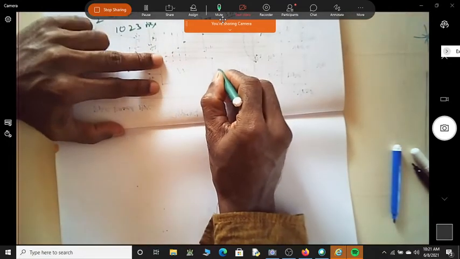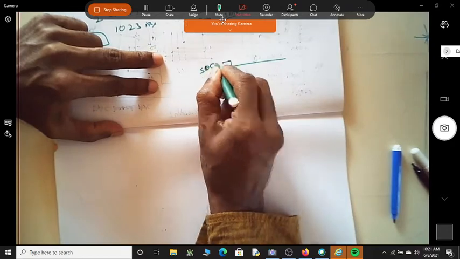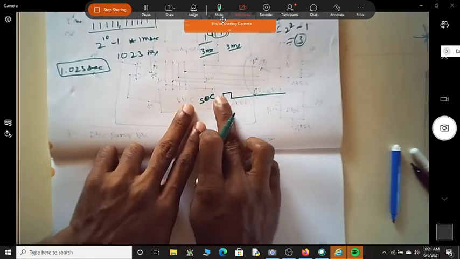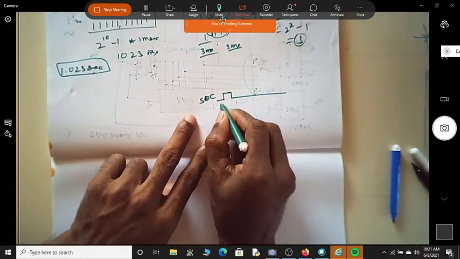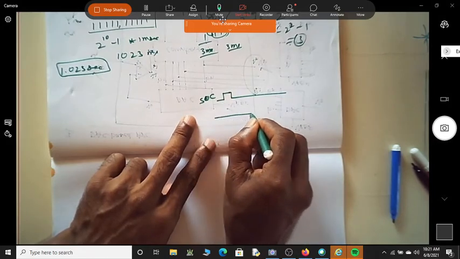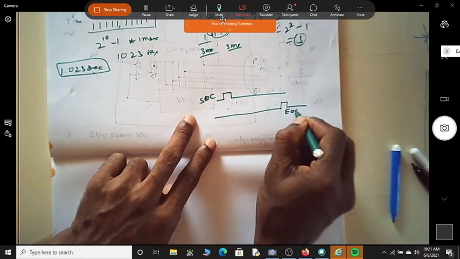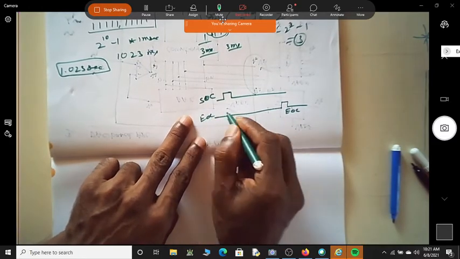This is my start of conversion. Assume that this is SOC. I have given a start of conversion, so what will happen? It will start converting, and after some time you get an EOC signal. What does this EOC signal mean?